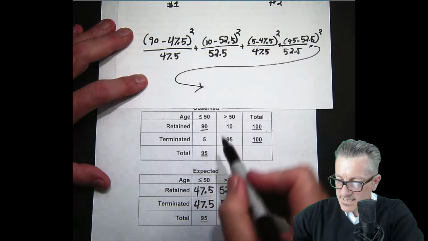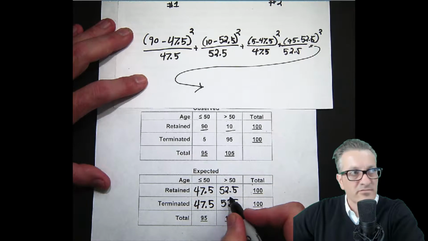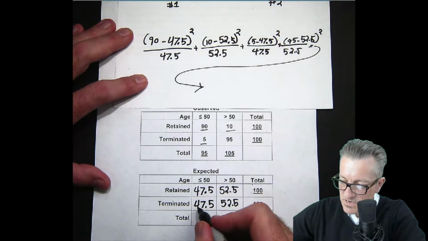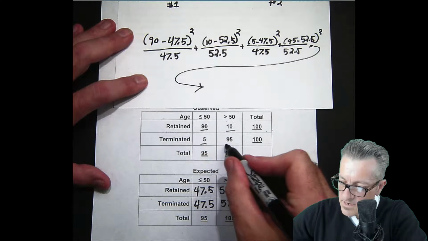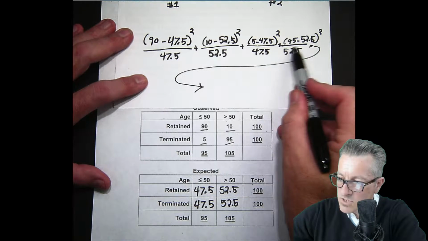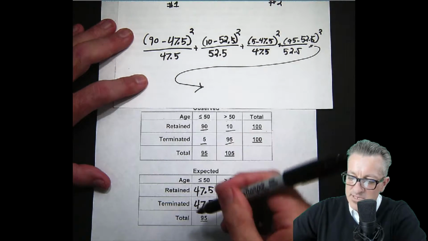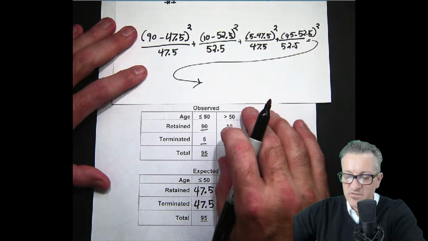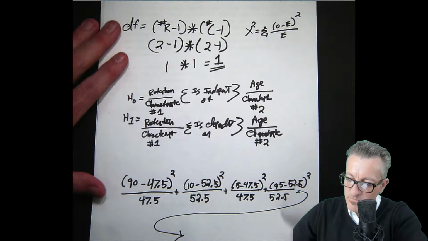The next one is 10 subtract 52.5. The next one is 5 subtract 47.5. And then 95 subtract 52.5. Okay, so we're matching up the same position in each table because we have to match up what's observed and what's expected. Otherwise, we can't do this test effectively.